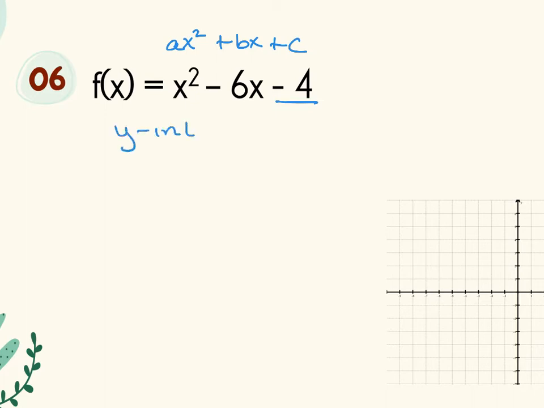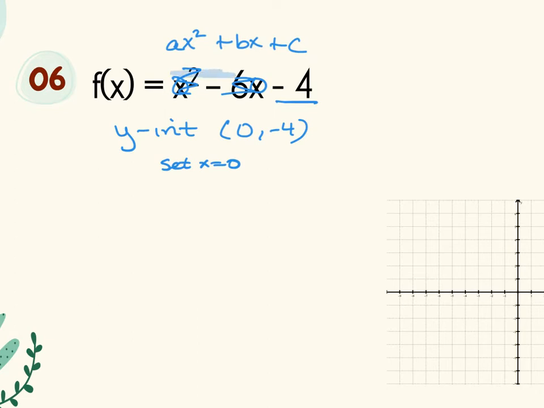So my y-intercept is the ordered pair 0, negative 4. And remember, to find that, you're setting x equal to 0. So really what I did here was plug in zeros here and then solve. And again, these all cancel out, and you're just left with the negative 4.